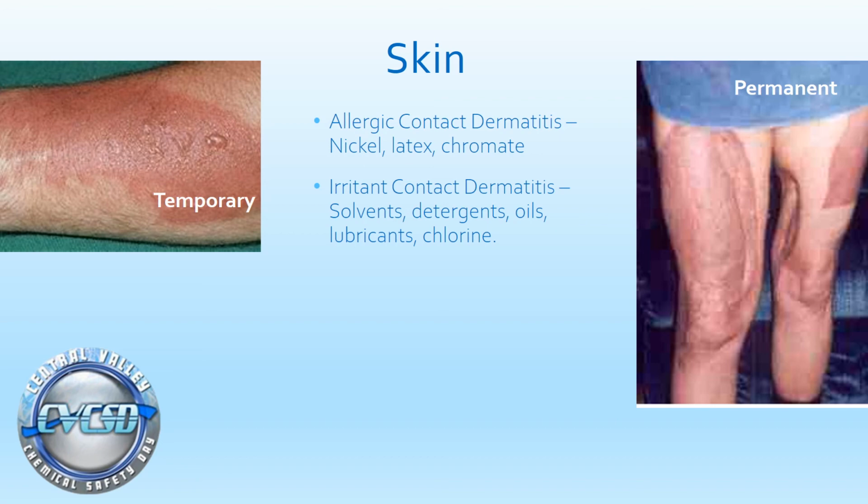Read labels and information provided by the manufacturer. Contact your supervisor or the safety department and refer to the safety data sheets, SDSs. Learn which chemicals can cause adverse health effects following exposures. Above all, you should try to eliminate the chemical if at all possible, or substitute the chemical.